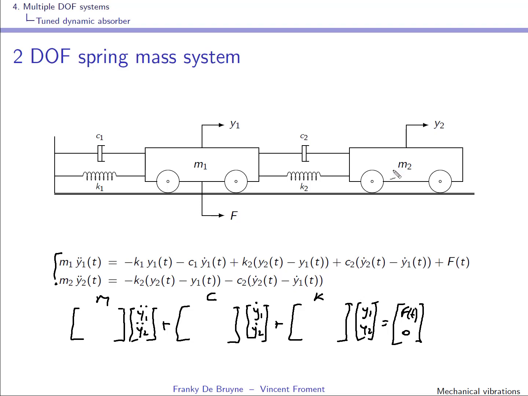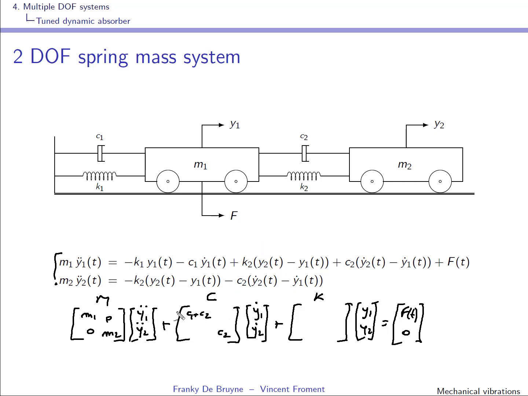And we had seen that it's very easy to write it like that, because here we put the masses, because this is a diagonal matrix, right? This is the mass matrix, this is the damping matrix, this is a stiffness matrix. This one is symmetric. You look at the dampers that are acting on mass 1, you have C1 and C2, so on the diagonal element you write C1 plus C2. Here on this mass there is only C2 acting, so it's C2.